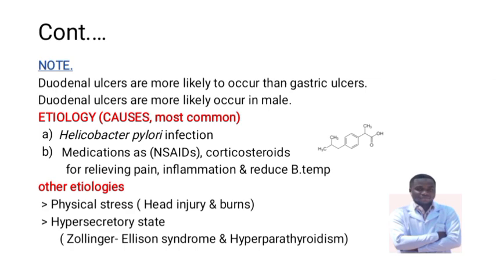Also this prostaglandin is involved in vasodilation, increasing the blood flow to the stomach to neutralize the acid. But also bicarbonate is an alkali, a base. Therefore, it helps in neutralizing the hydrochloric acid.